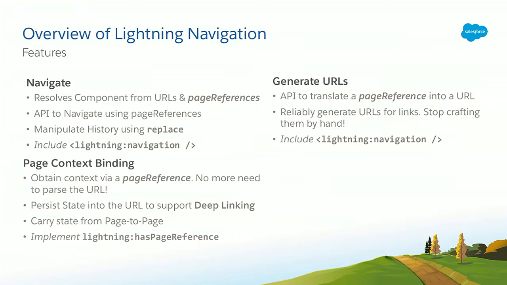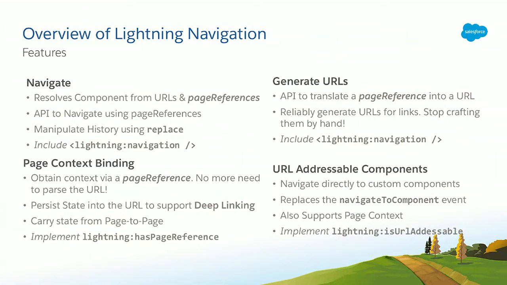You can also use this to carry state on from one page to the next using the query parameters. The page reference state is persisted in the URL as query parameters, and this is something you can use to support deep linking. What we call deep linking is the ability to navigate directly to a particular subview or some sort of non-standard view for your component.